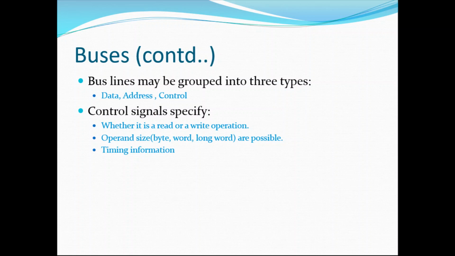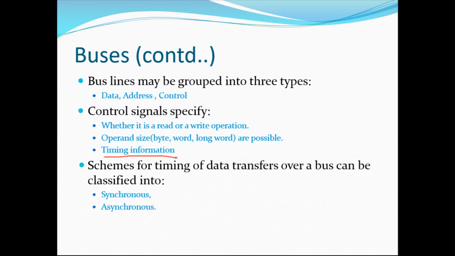At the top level, you understand that the control signal represents the operand size, and the control signal also includes timing information. This is crucial with respect to this lecture, so we are going to concentrate more on this timing information. Timing information means who should access the bus at a given time and what operation they can do at that time.